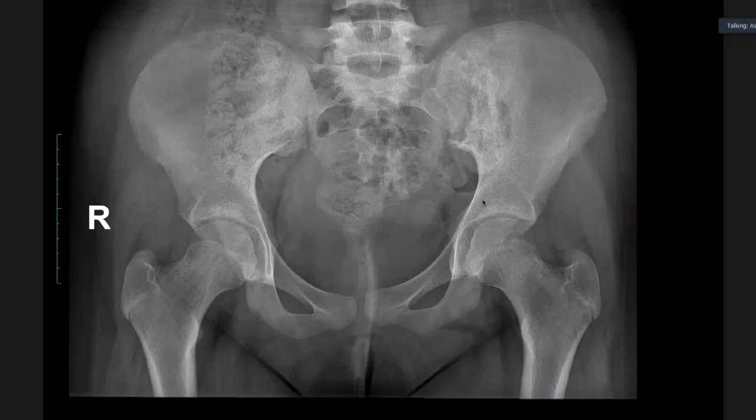So, any differential? Sir, I'm thinking if the patient is 15 years old. Yeah. So I'm thinking on the line of it's involving one side of the joint, so I'm thinking about any neoplastic lesion. Okay.